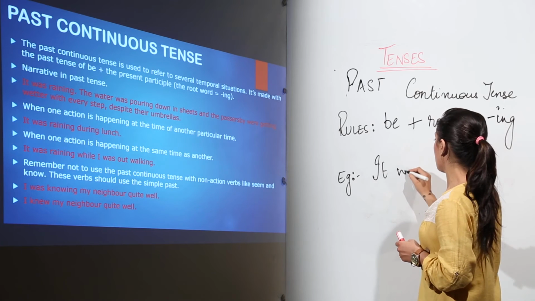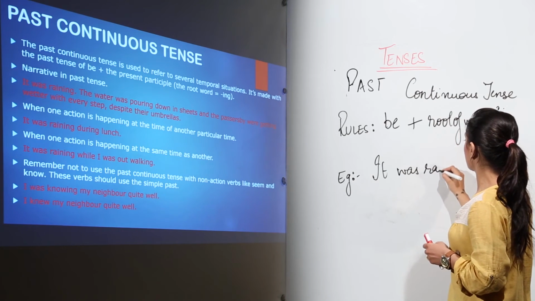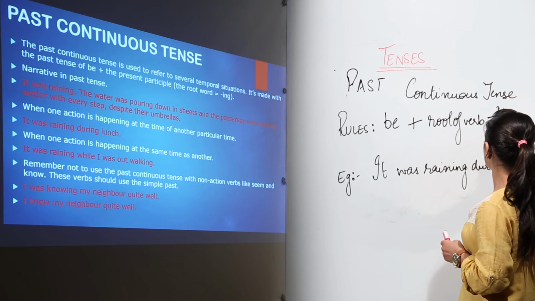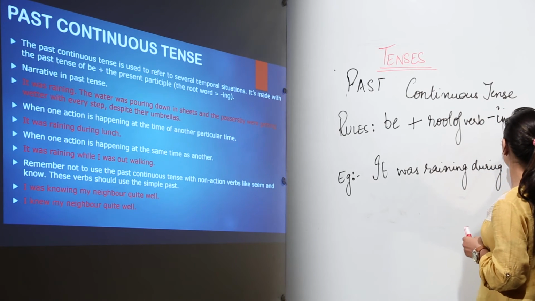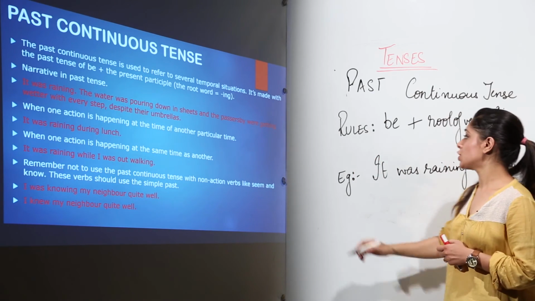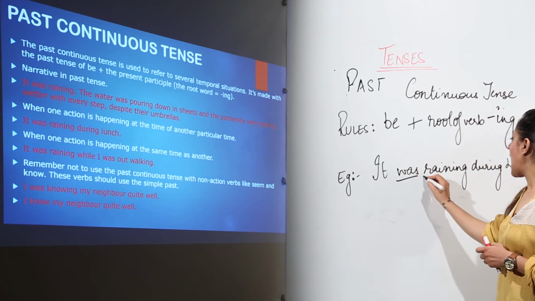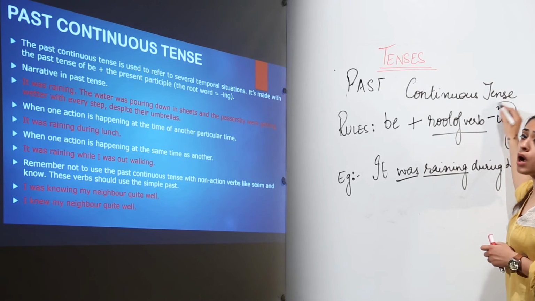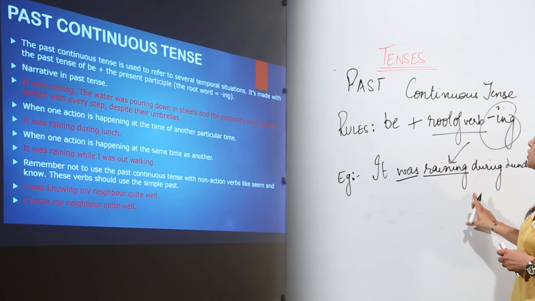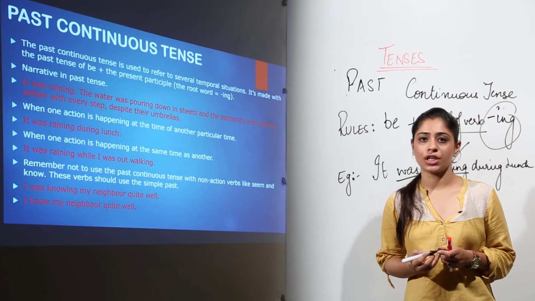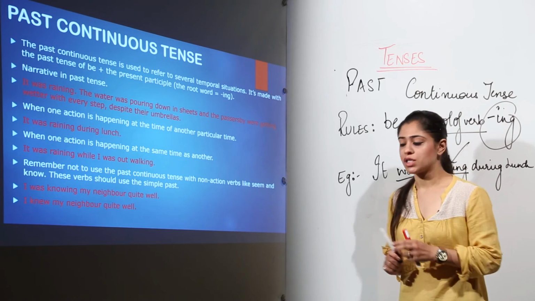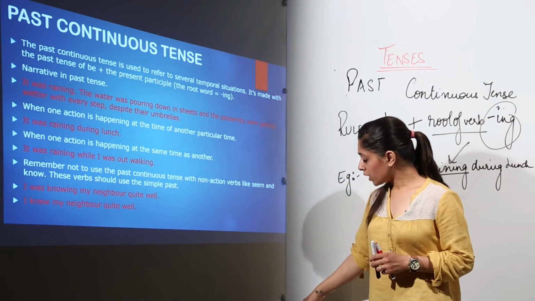So here, as per the rules, the implications are was and raining, the root form of the verb with ing. So this sentence, it was raining during lunch, is a past continuous tense where the action has already taken place but it was continuing then. Moving on.